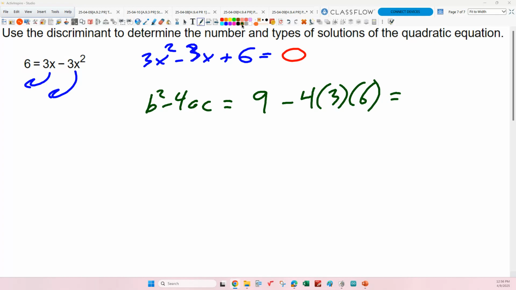Okay, what's the sign obviously going to be there? Everybody agree? I'm subtracting a big number from 9, so I'm going to end up with a negative result. Don't even care what it is. I just know it's negative. Show me with your fingers. How many solutions are we going to get? 2, good. Real or non-real? Non-real, good.